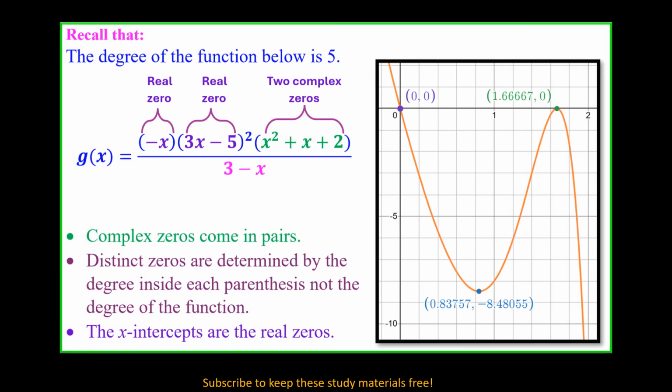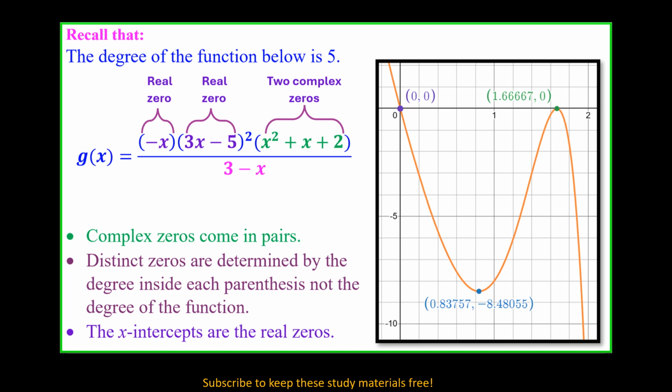Now we need to talk a little bit more about our rational function and what it means to have real zeros, distinct zeros, and 2 or 4 complex zeros. As you see, we have our example here and it is graphed. However, you can't see all the zeros.